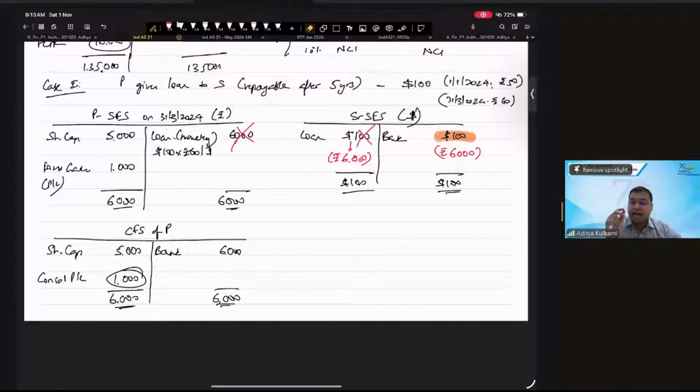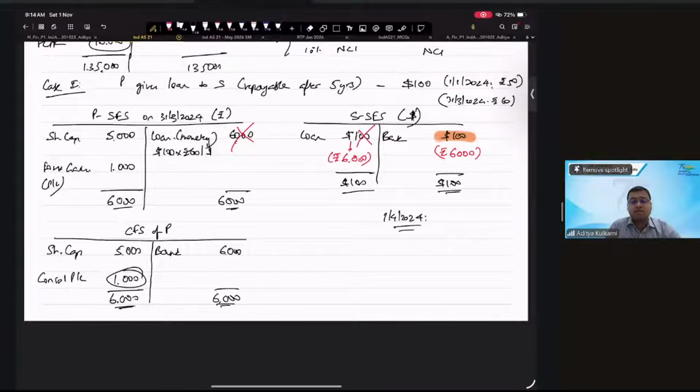Yes or no? Yes, because sir, it is tangible from a group perspective when actually there is a remittance. Suppose on 1st April, let us suppose the rates have not moved immediately on 1st April 2024, the subsidiary remits $100 to the parent. How much will the parent get?